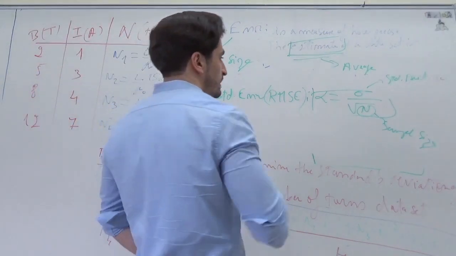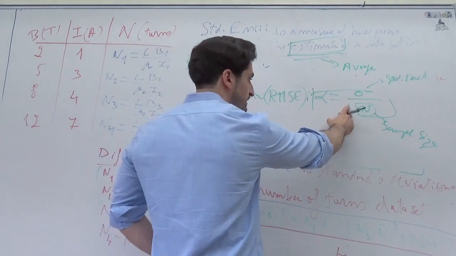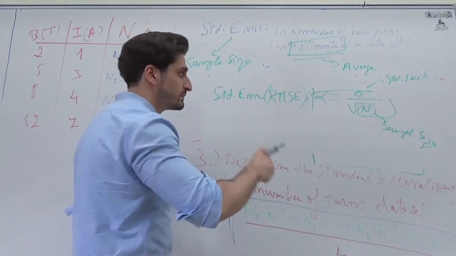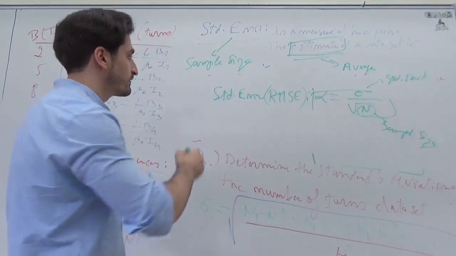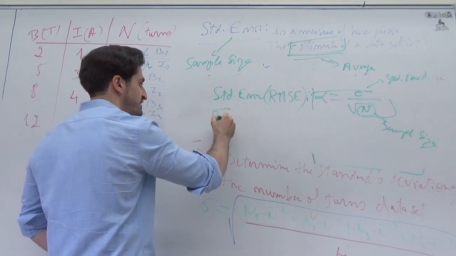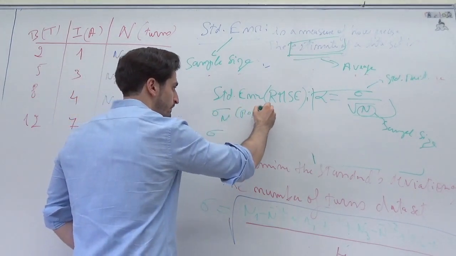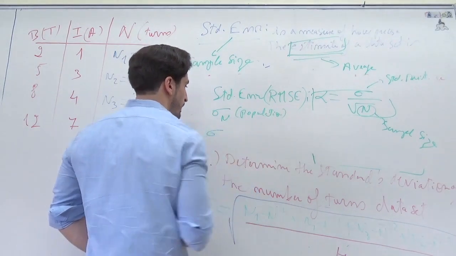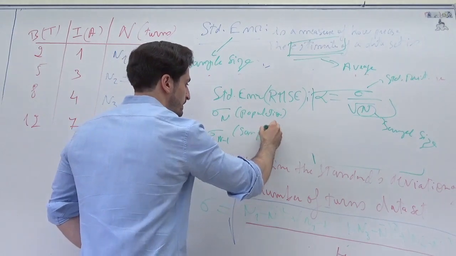Now, over here we need to point out one thing, that the denominator in the error is going to be dependent on the order of sigma. Before we saw that we have two orders of sigma. We have sigma n, which is for the population, and you have sigma n minus 1, which is for the sample.